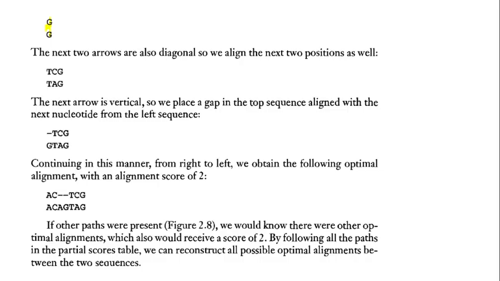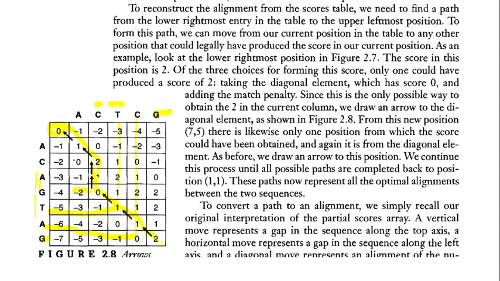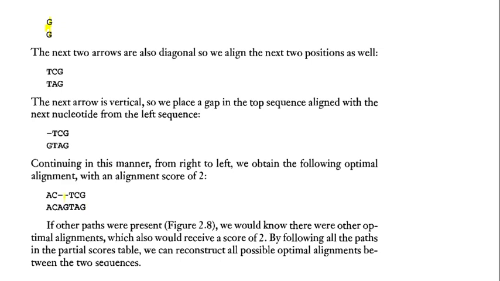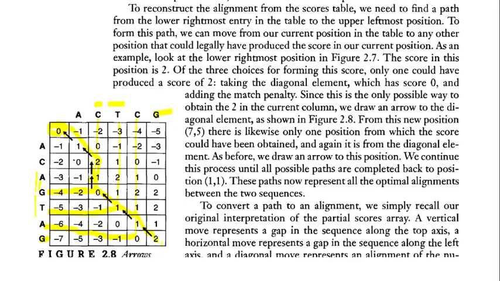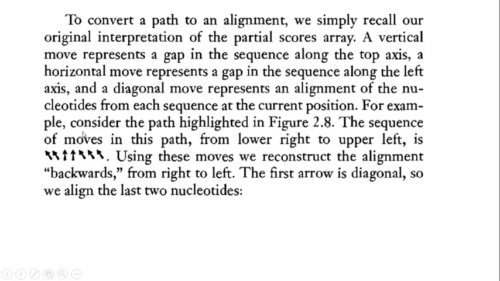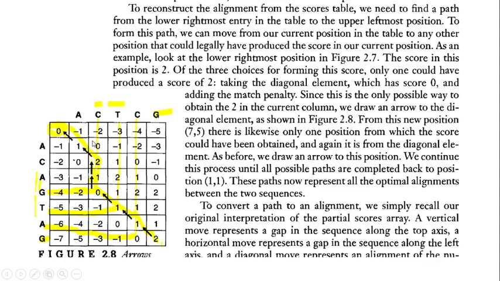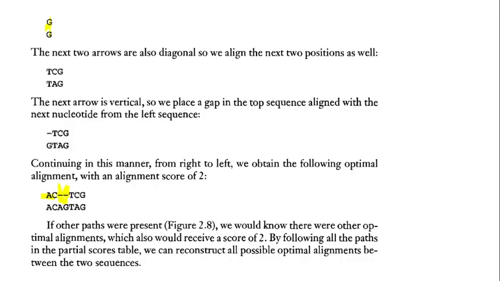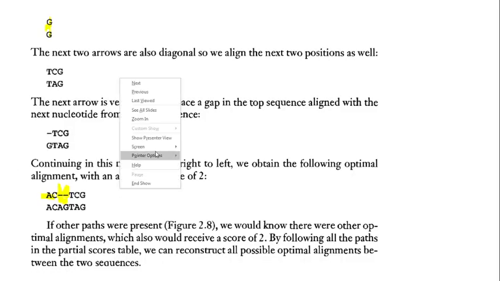Then we will reach that 0 position where a horizontal move is there. So G and a gap will be aligned. Because of the vertical movement, we can see 2 gaps in the topmost sequence, and further moving diagonally we can see the alignment between A and A and C and C. So that is how we got the alignment using the Needleman Wunsch algorithm.